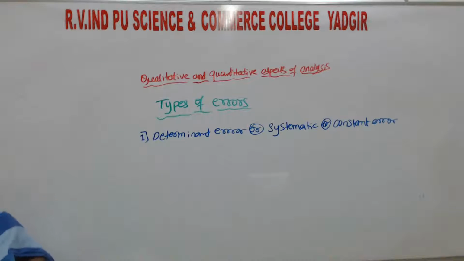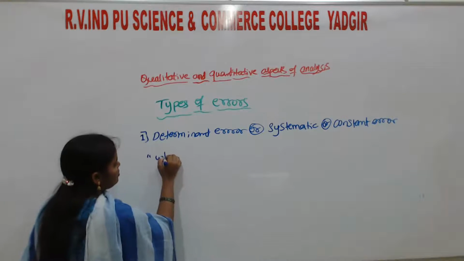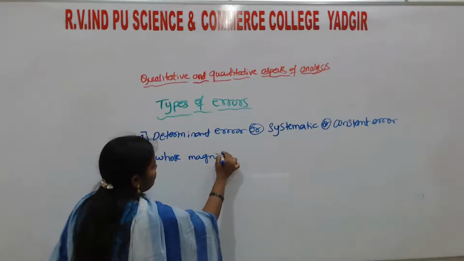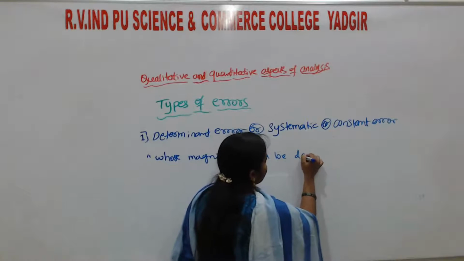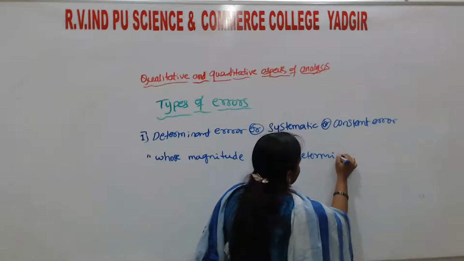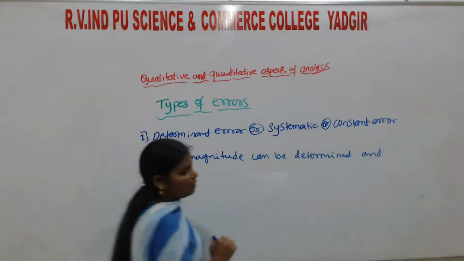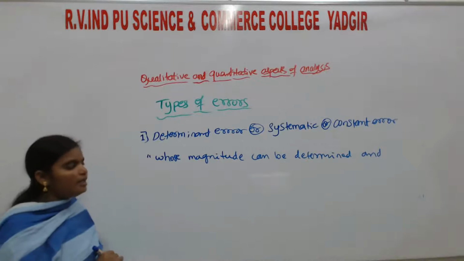The determinate errors are those whose magnitude can be determined, and the measurements can be rectified.